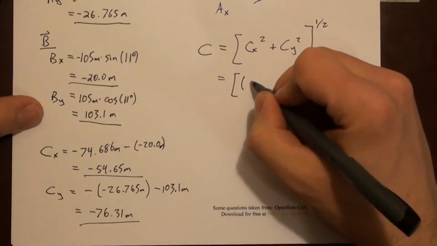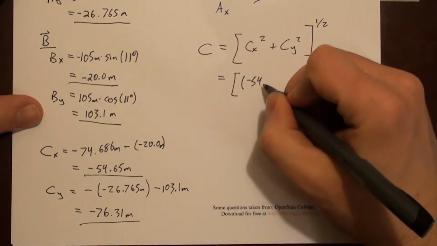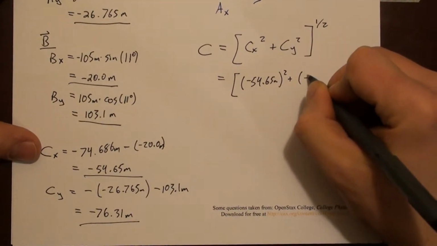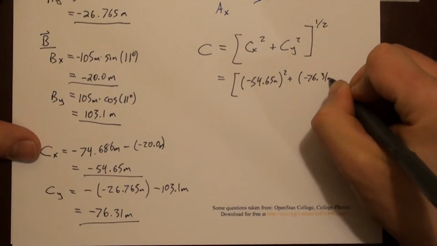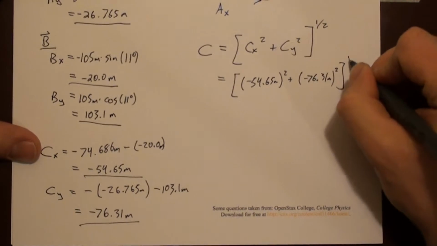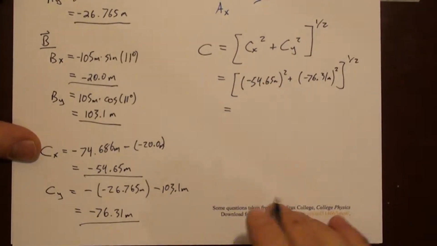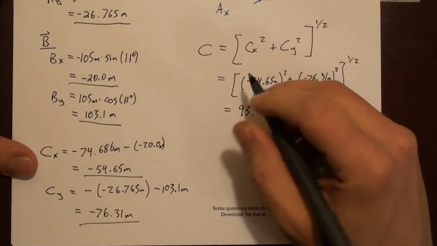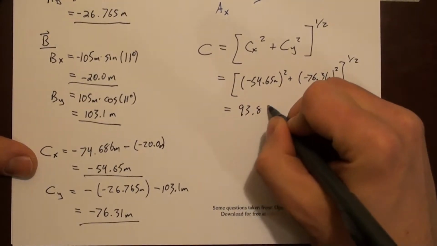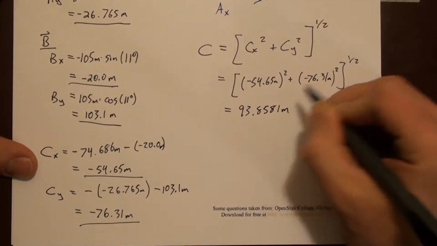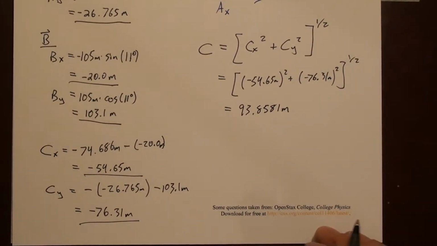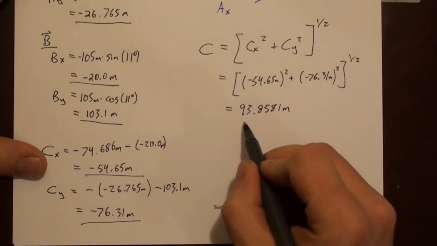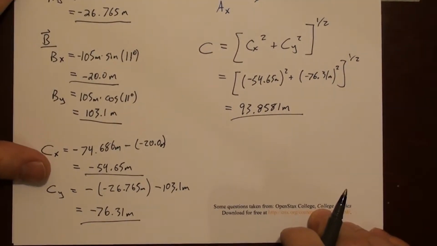So c sub x was a minus 54.65 squared plus minus 76.31 squared. And for the length of this, I get 93.8581 meters. So I'll leave that for a second. We'll end up rounding that momentarily.